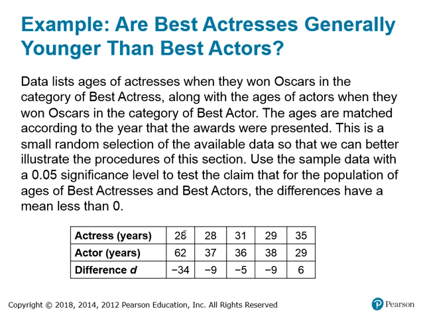So if actresses tend to be younger than actors, then it's the smaller number minus the larger number, so we would think that we're going to get negative numbers. If actresses are younger than actors, then the difference in their mean should be less than 0. That makes actresses younger than actors.